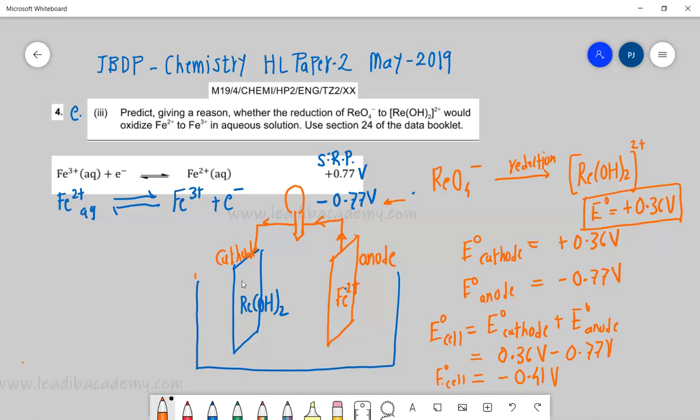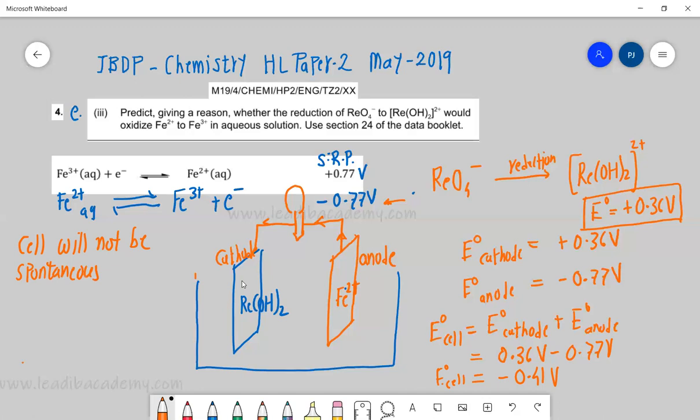If we set up like this, that means ReOH twice is acting like a cathode and Fe2+ is acting like an anode. So what is the implication of this? It simply means that this cell will not be spontaneous.